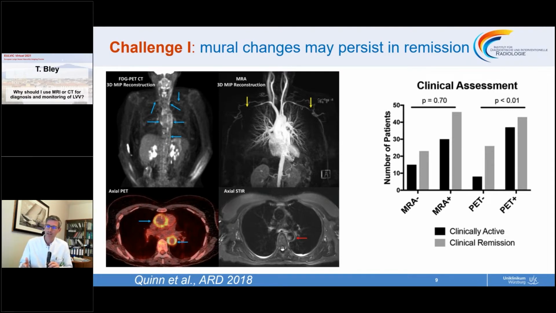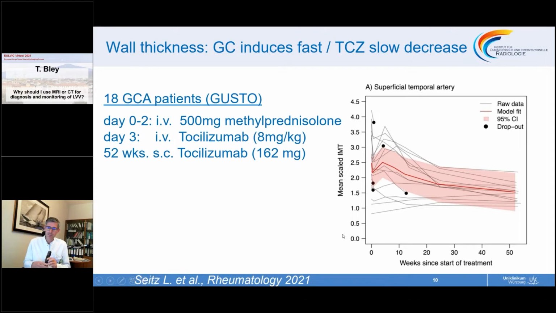In this study, there was no clear delineation of clinically active and remission patients as confirmed by MR or PET findings. So that truly is challenge number 1, and that's the hardest obstacle to overcome in follow-up imaging with, I believe, all imaging studies, but I want to refer to CT and MR in this presentation.